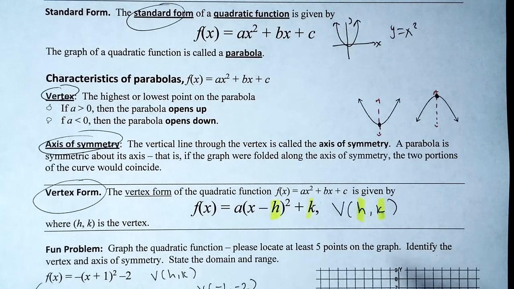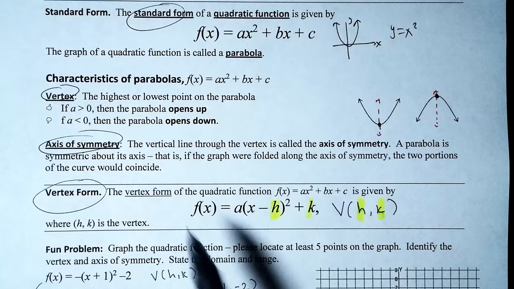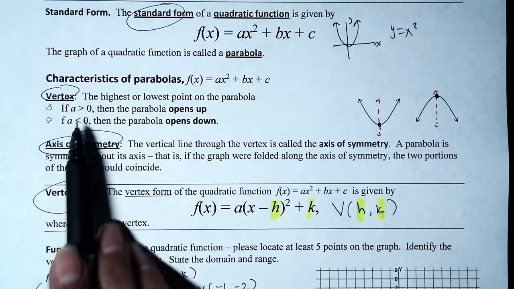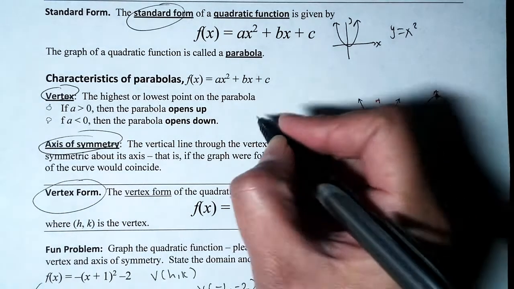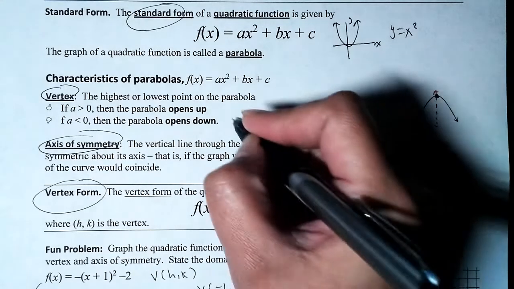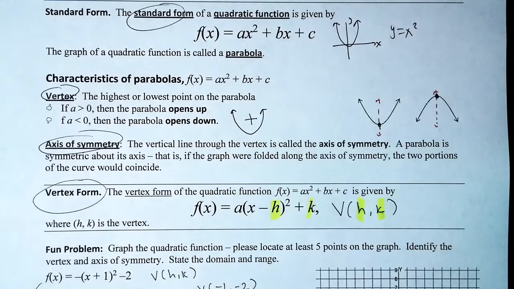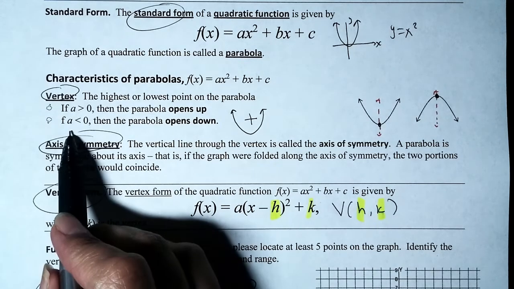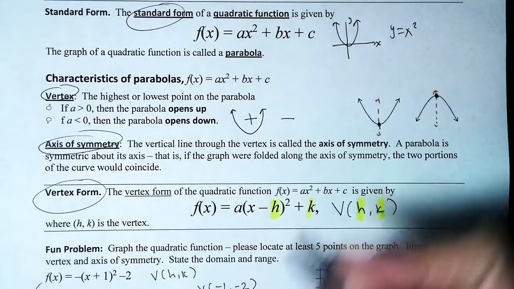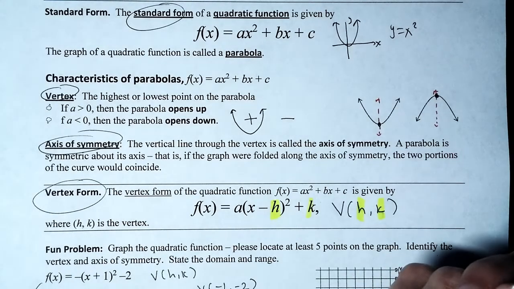Or you can just vent out your feelings. So if a is positive, you know how I'm gonna feel. Happy. And what do we do when we're happy? We smile. So that's code for if a is positive, or the leading coefficient is positive, we're opening up. If a is negative, how are we gonna feel? Yeah, you guessed it, sad.